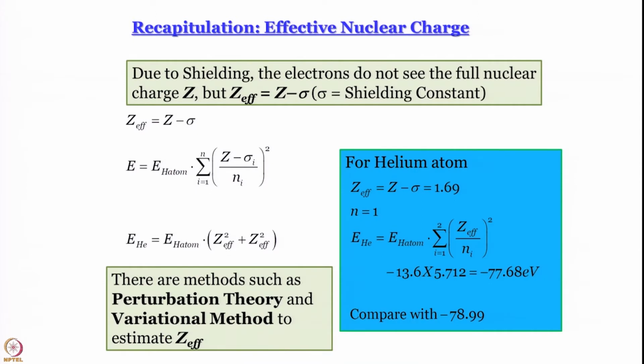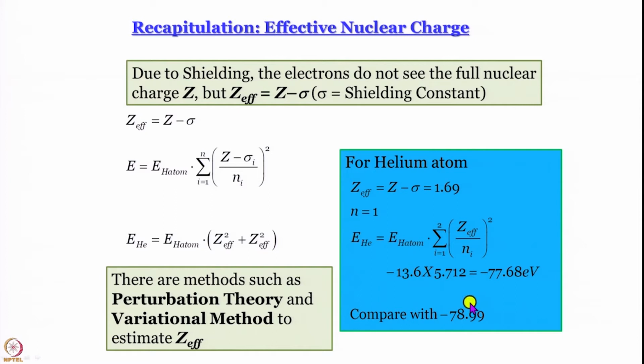And then we did a quick fact check, and we saw that for helium atom when we work with Z effective, actually we have not told you how we get this sigma, but there are ways. I think most of you would know of the empirical rules by which one can determine the value of sigma for different kinds of electrons in an atom, and using this we showed you that you get a theoretical value of energy which is close to the actual experimental value.